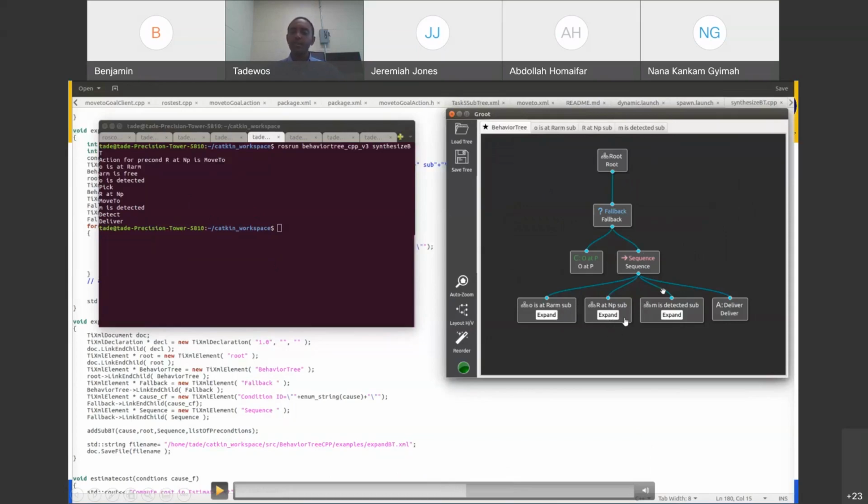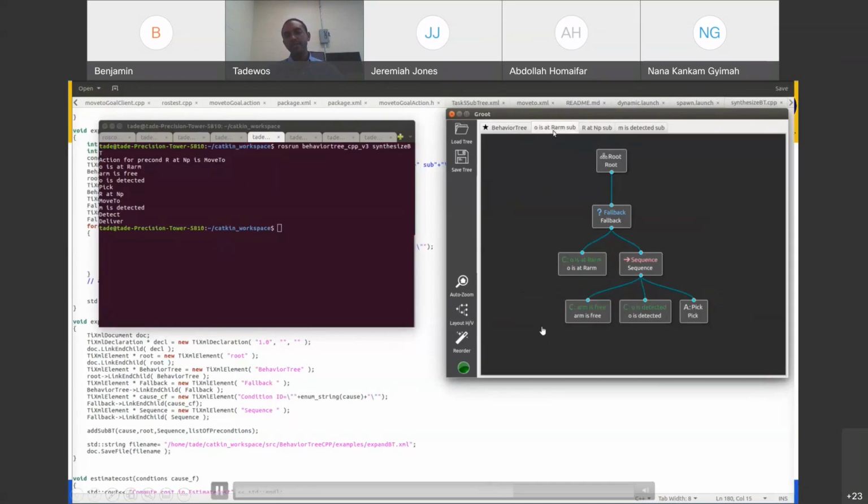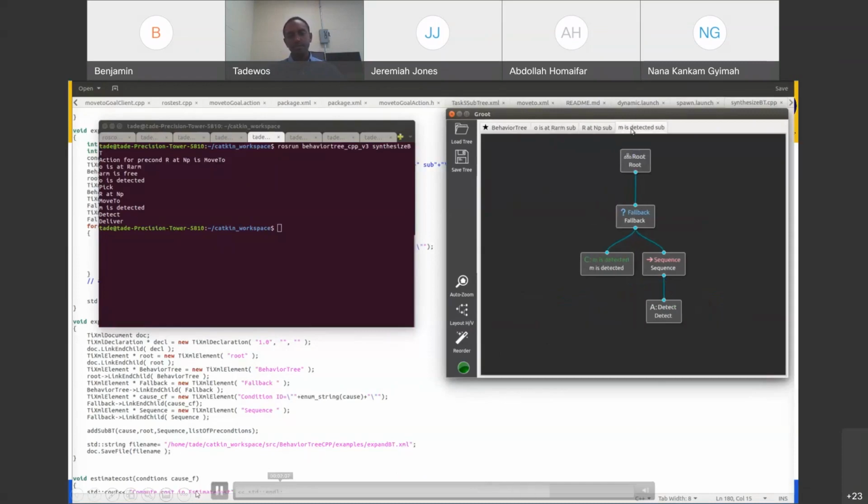The robot has to be near position P, and M has to be detected, then it has to deliver. But just in case the object is not in the hands of the robot, we have the pick action here. When we expand detect, we have a condition, and the condition will be satisfied by the detect action.